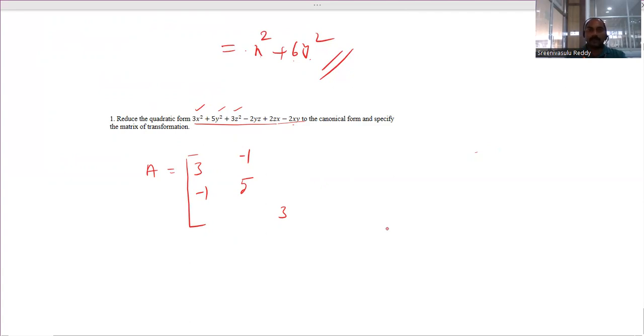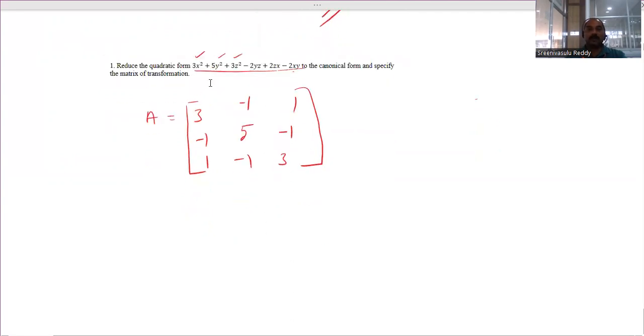Next, in the xz place we have 2, half of it is 1. In the yz place we have minus 2, so it becomes minus 1. This is the matrix of the quadratic form.